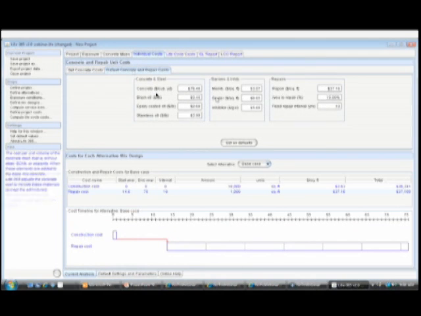Other costs are used for this calculation as well. Here's the cost per cubic yard for the default. Here's the cost for black steel per pound. Here's the cost for epoxy coated. Here's the cost for stainless, membrane, sealants, and inhibitors. The reality, in providing a methodology, is that over time these costs need to be updated.